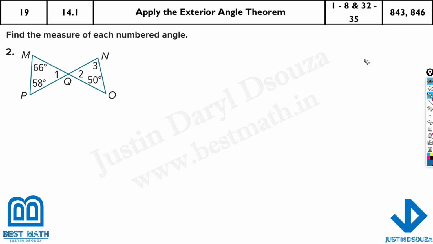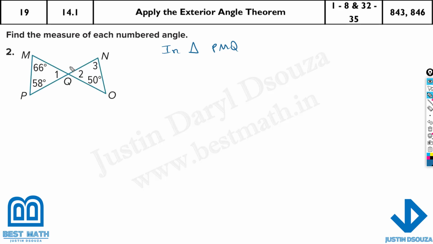What about this one over here? We can see there are vertical angles. This is measure of angle 3. We can't jump into the triangle NQO. Why? Because we don't know two of these, right? So what we'll do is, first, in triangle PMQ, we'll consider this one.